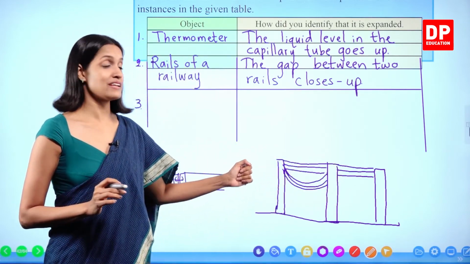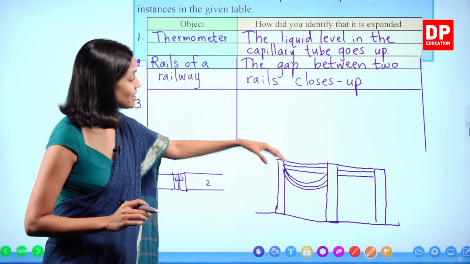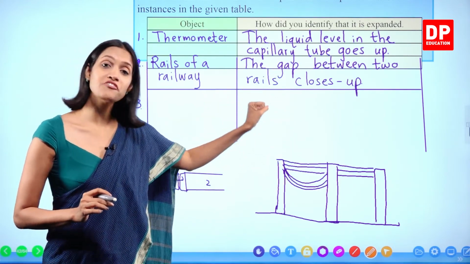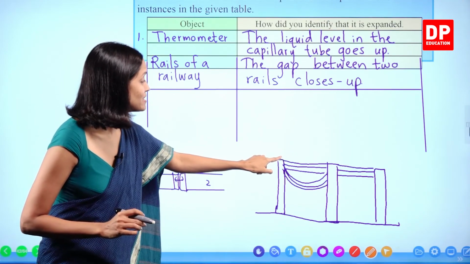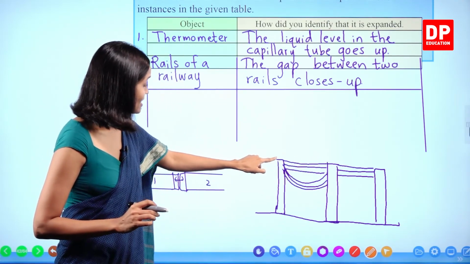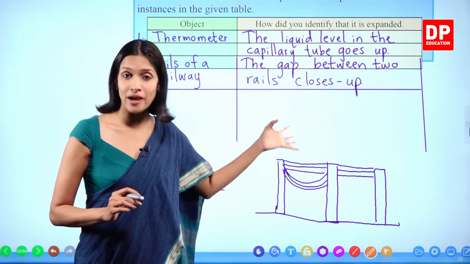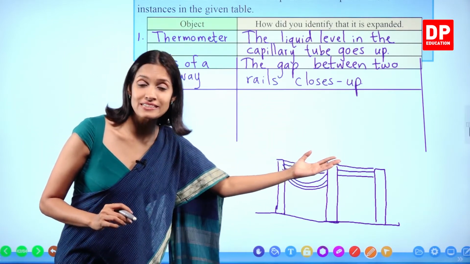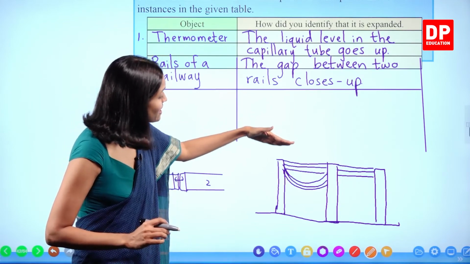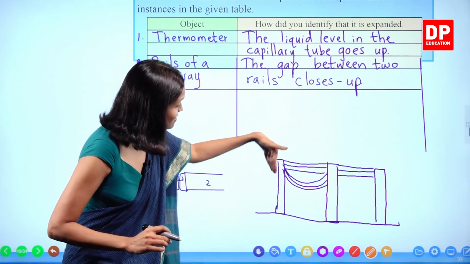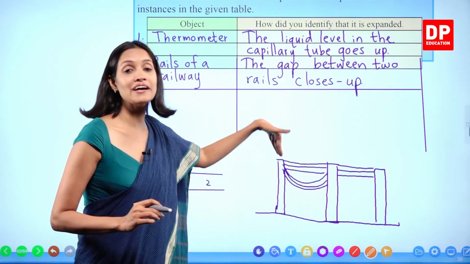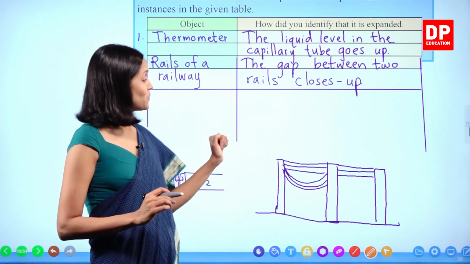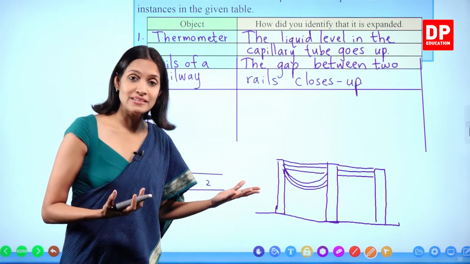What is the reason? Because during the daytime, because of absorption of heat from the environment, these electric cables expand. Because of the expansion, their length increased, right? So because of the length increased, we can see they are hanging like this. Okay? So again, during the night time, what happens?